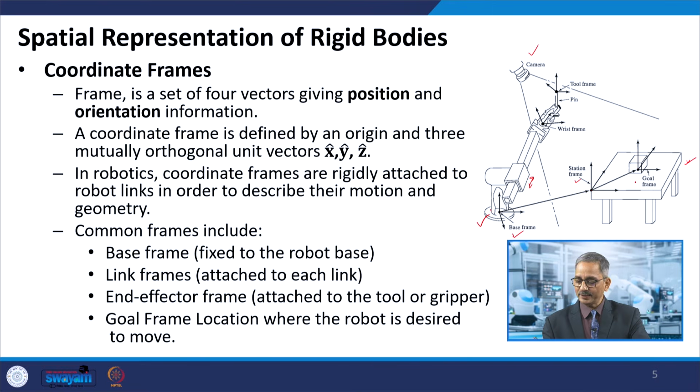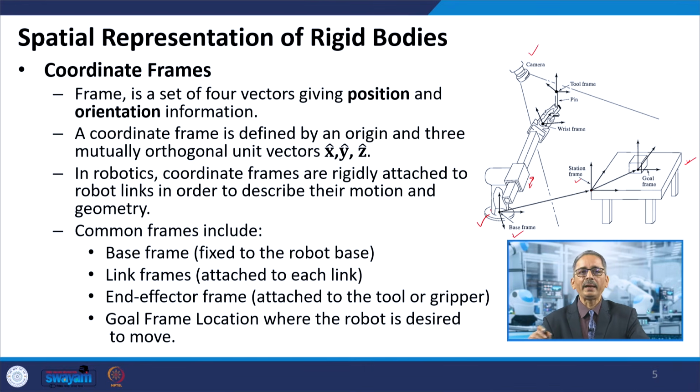This way my goal frame is known with respect to the station frame and the station frame is known with respect to the base frame. Likewise, I can define various links by attaching frames on them; here I have attached a frame on the wrist and a frame on the tool, like that.